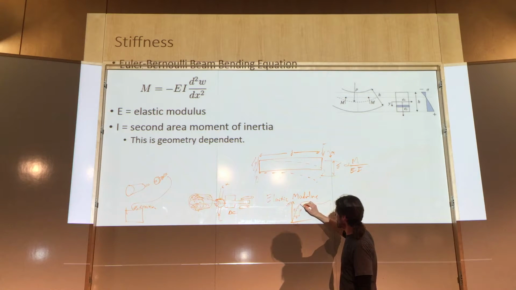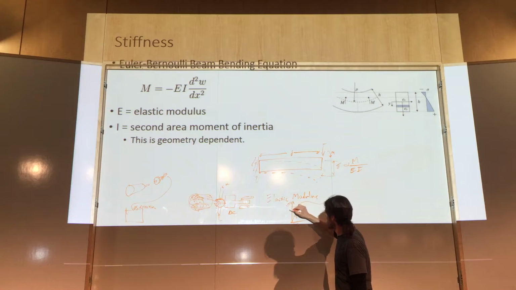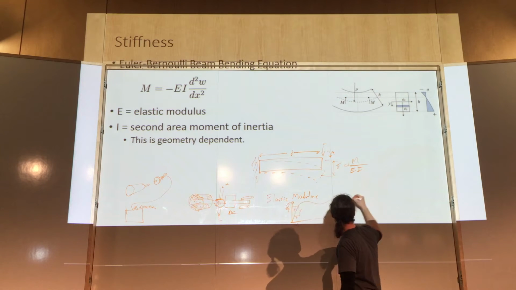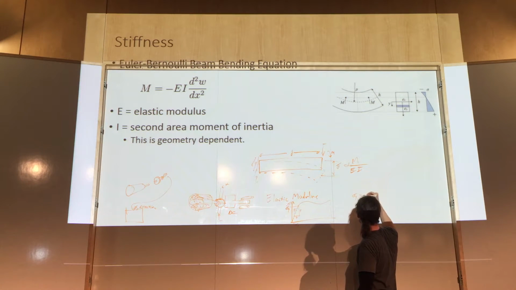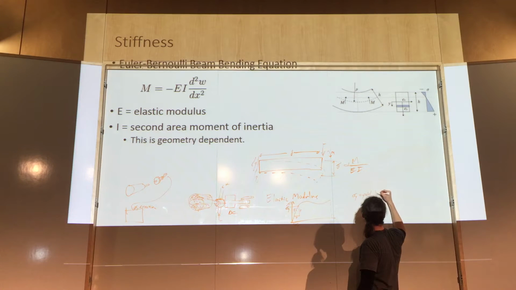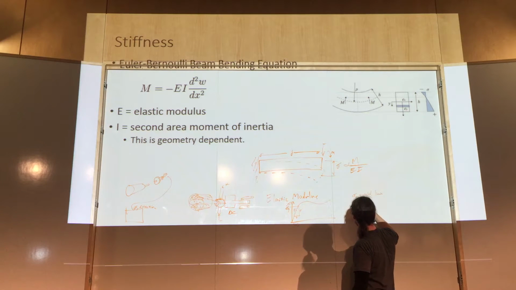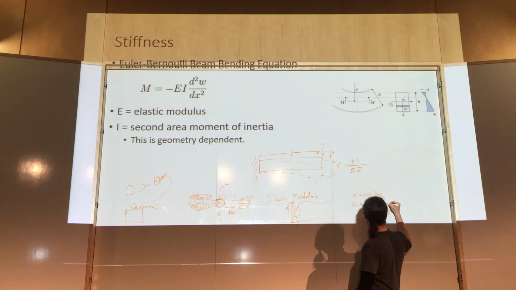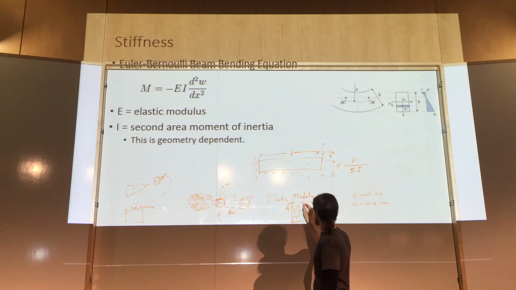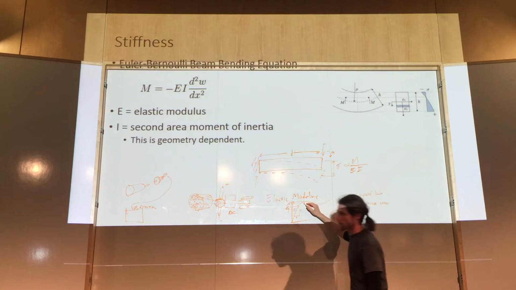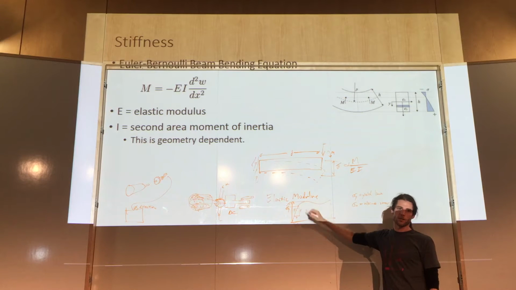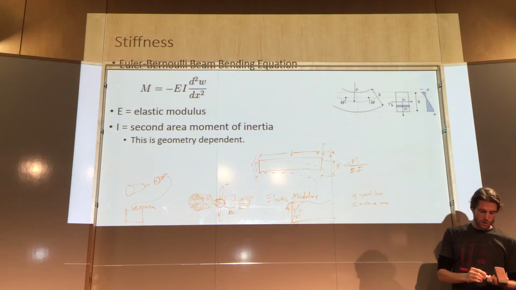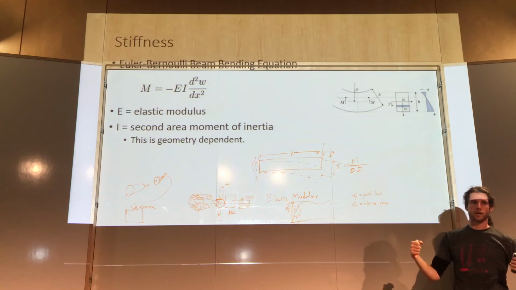Once you go beyond that, you start entering, so this is your yield limit. Sigma y is your yield limit. And then there's an ultimate stress limit, which is usually considered somewhere up here, where you start entering into plastic deformation. An easy way to describe this is like a plastic bag, like a polypropylene bag from the grocery store.